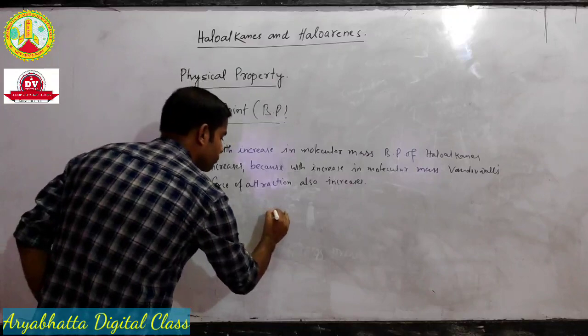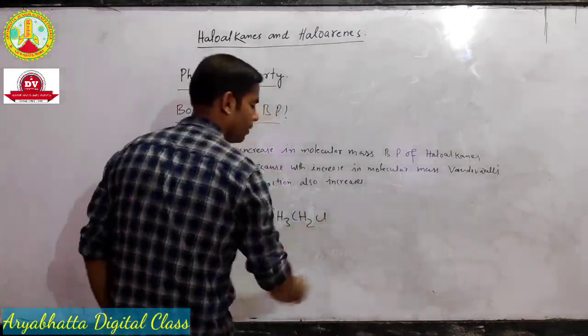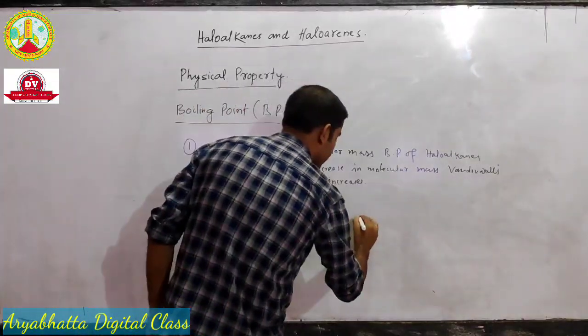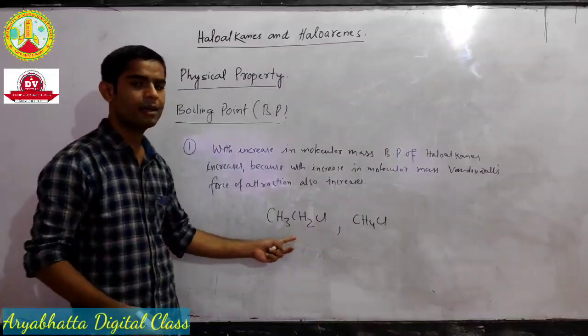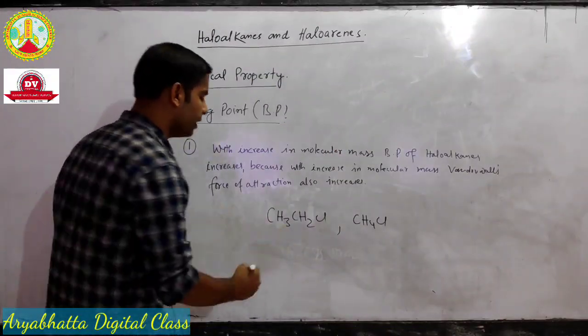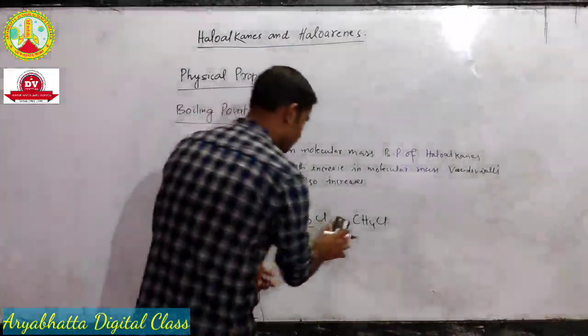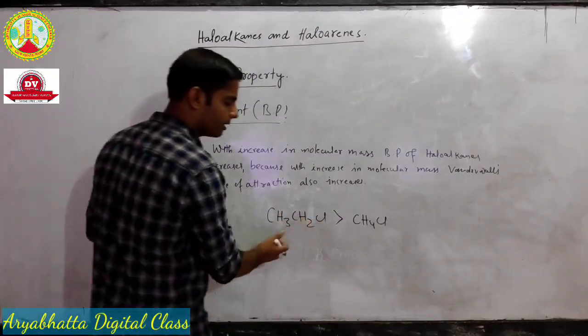That means chloroethane will have a higher boiling point than chloromethane because it has a higher molecular mass.